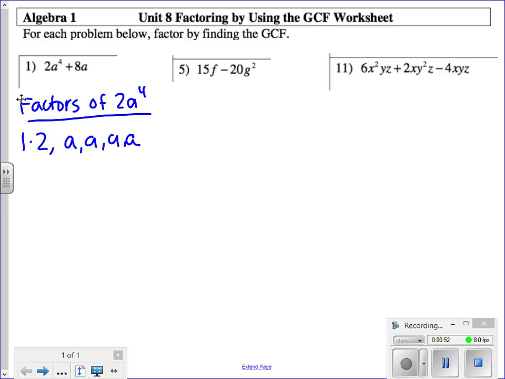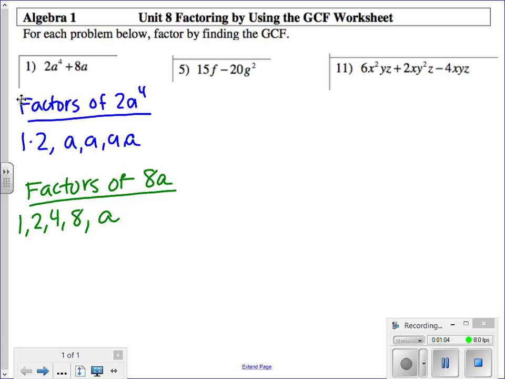All right, now let's list out the factors of 8a. Okay, well, numbers that go into 8, 1, 2, 4, and 8, and there's only one a in that list. So the greatest number they have in common is 2, and each list also has at least one a. So 2a is the GCF between 2a to the 4th and 8a.